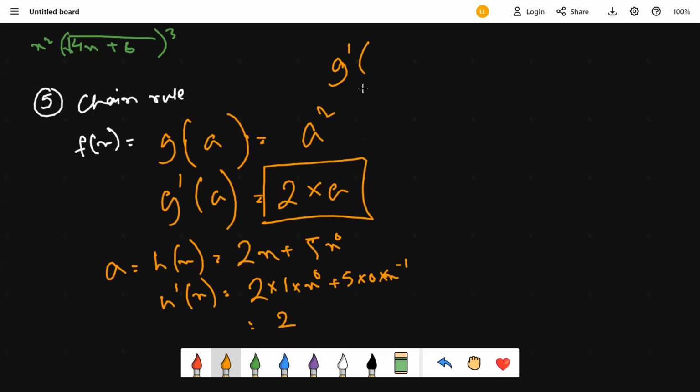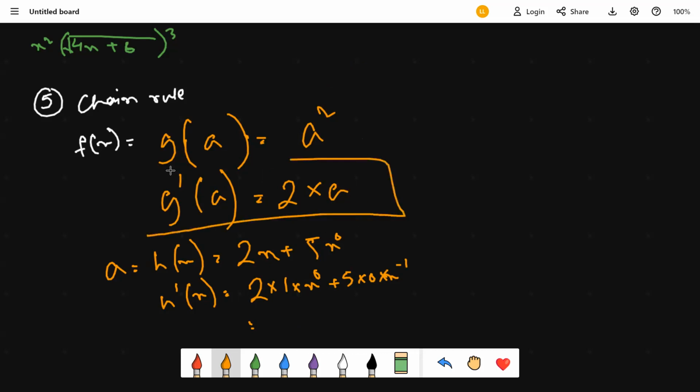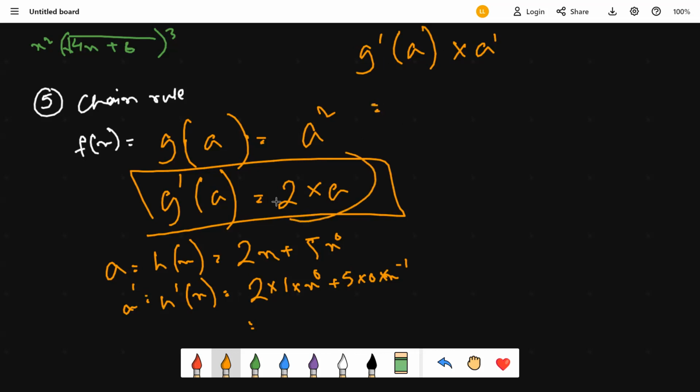And we know when we first do this, g prime of a times a prime. And a prime is what? A prime means h prime of x. So g prime of a is given as 2 times a, and a prime is simply 2.